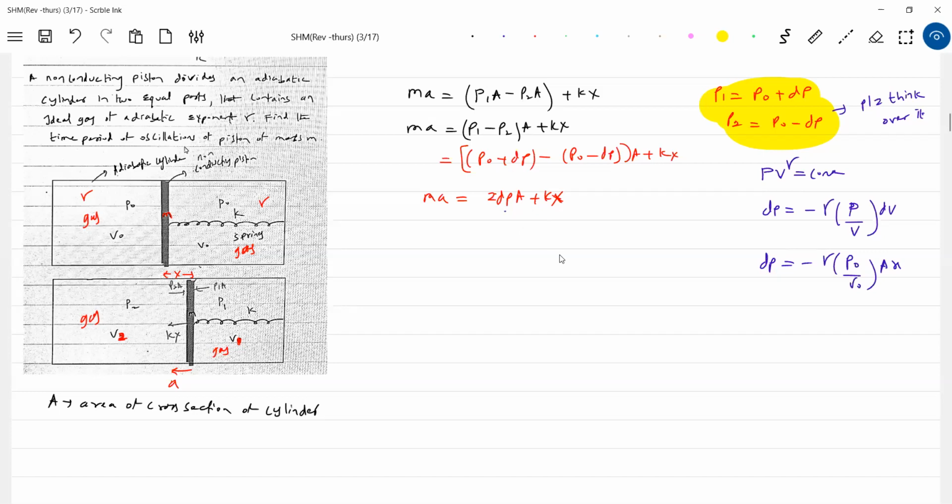So only the mod of that is needed. Ma equal to 2 gamma P naught A squared x plus Kx, this will be m.